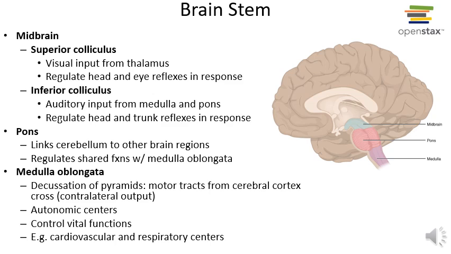the occipital cortex. Then we've got the inferior colliculus, and the inferior colliculus is going to do the same thing except with auditory input. And that's going to regulate motor outputs as far as the head and trunk in response to those.